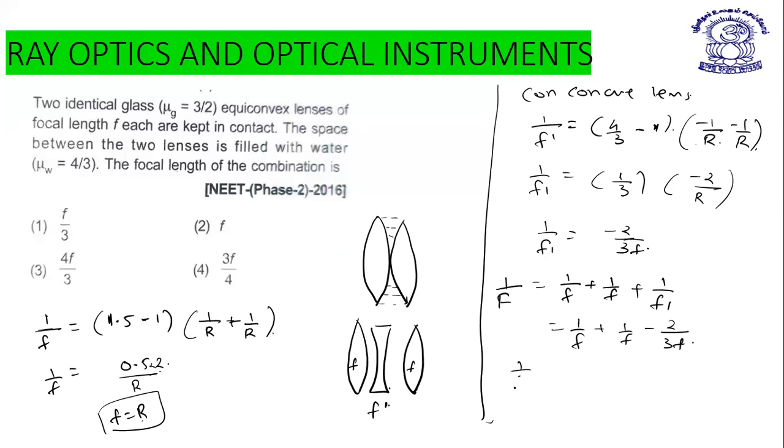After solving this, we will get the answer: 1 by F is equal to 4 by 3f. So focal length of the combination will be 3f by 4. So the fourth option is correct.